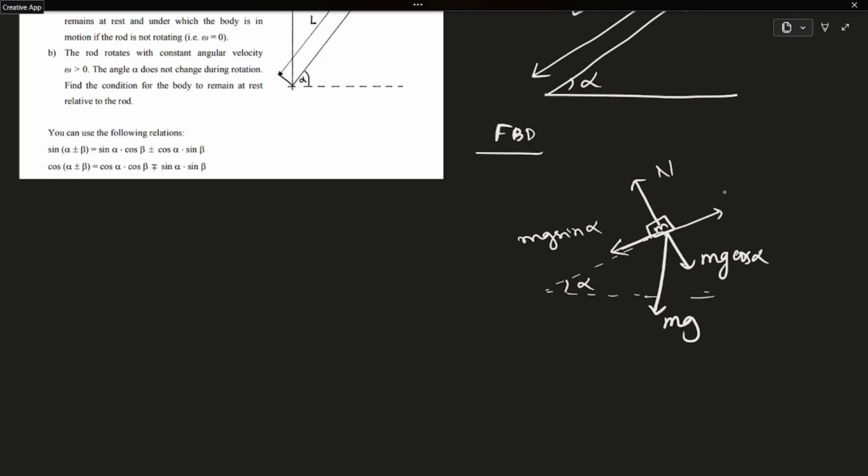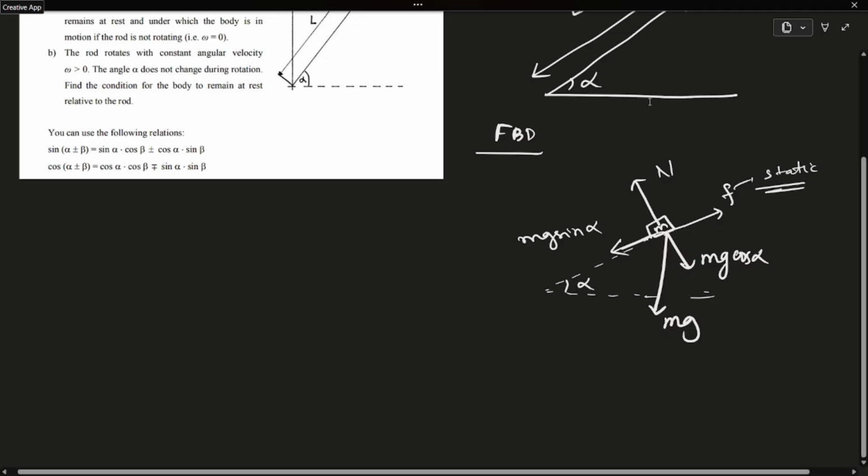And this is friction, right? As mg sin alpha is acting downward along the incline, friction will oppose that. This friction is static friction, since we are searching for the case when the body is at rest.